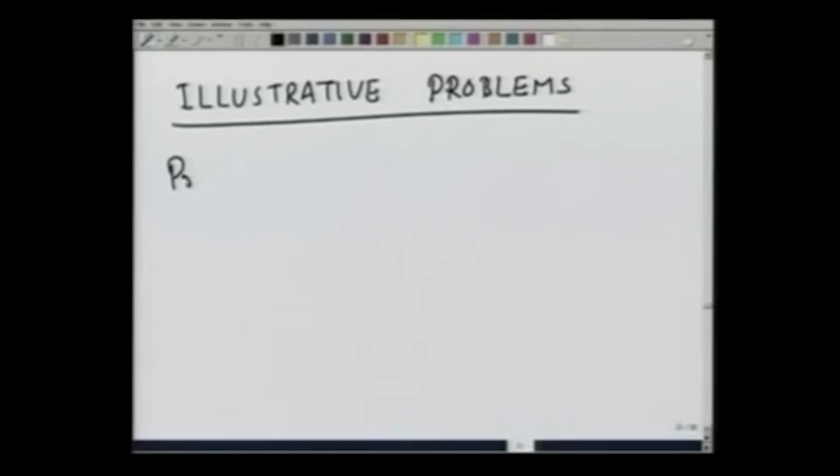Problem 1. This is taken from the book of Kleppner, whose reference I have already given you.